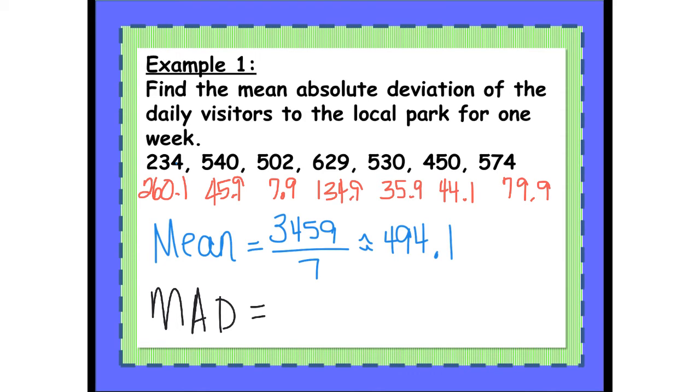So 260 and 1/10 plus 45 and 9/10 plus 7 and 9/10 plus 134 and 9/10 plus 35 and 9/10 plus 44 and 1/10 plus 79 and 9/10. And so I get 608 and 7/10. And I added up 7 numbers, so I'm going to divide that by 7.